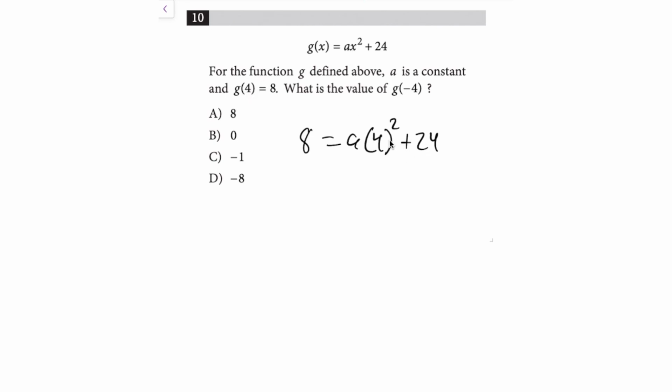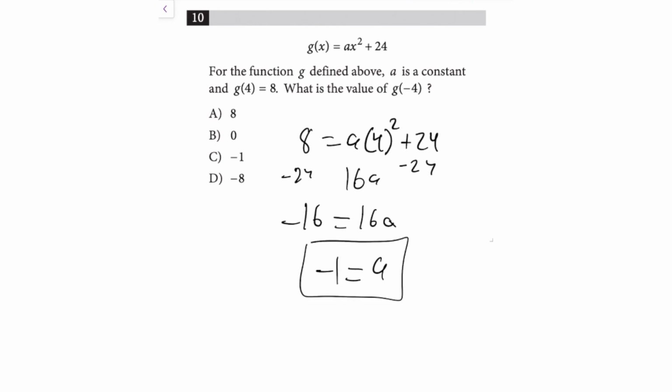Okay, so now I'm just going to solve this for a. So 4 squared is 16, and then if I subtract 24, I get negative 16 equals 16a, which means a equals negative 1. So now this answer is here to trick us because it gives us this negative 1 as an option, but we want g of negative 4.